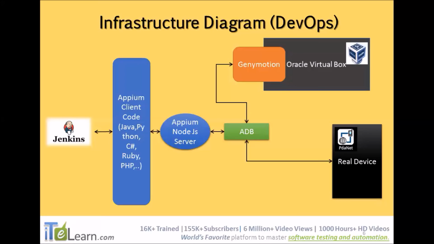It's the UI of Genymotion that runs the Oracle VirtualBox in the background, is what I want to show here. Okay, so ADB redirects the commands from the Appium node server not only to the virtual device, that is Genymotion, but it also can communicate with the real devices. And on the real device, I have mentioned PdaNet, the software which you need to install so that you can have a connection with your test automation framework.